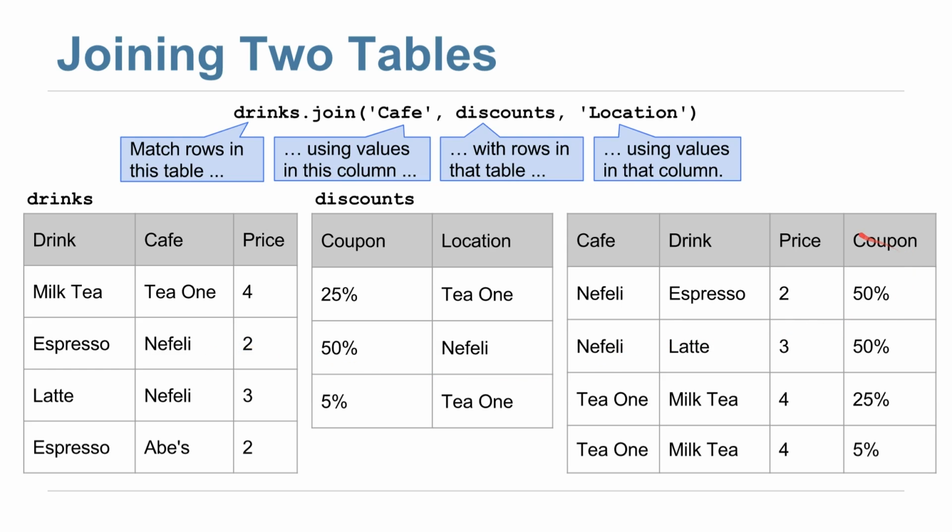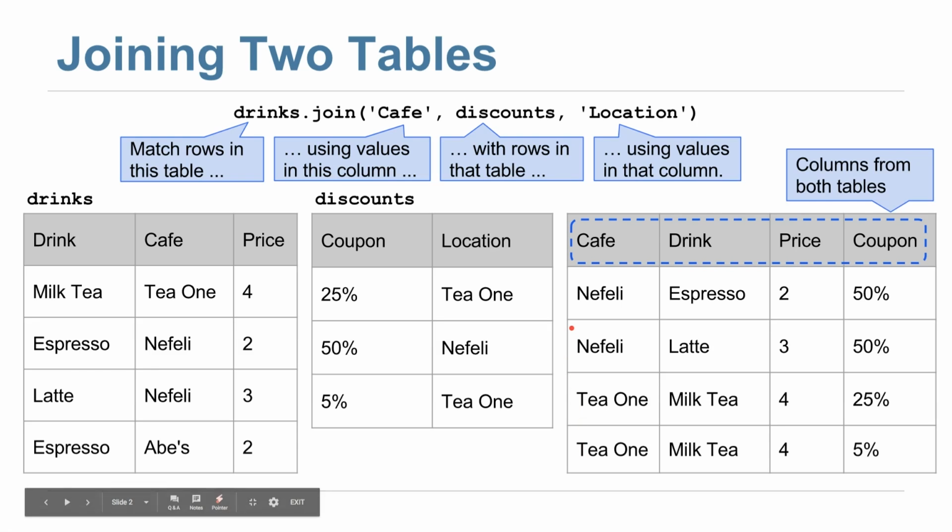So there is a reason why there's no location column in the end here. It's because location and cafe have the same values, and we've gone through the trouble of matching them up, and so we only need one column to represent the matched value that appeared in both cafe and location. So when you look at the column labels, you get column labels from both tables.